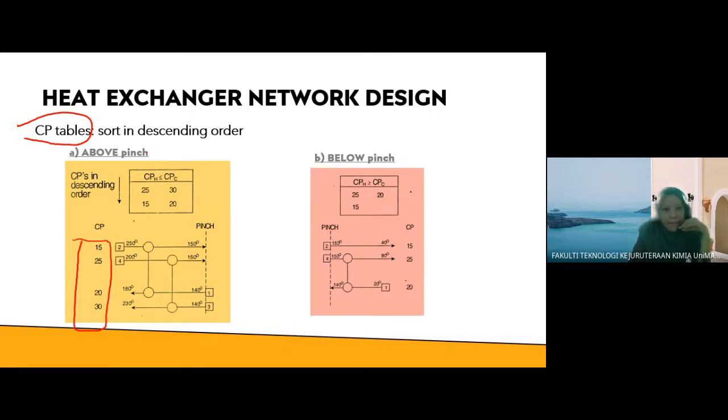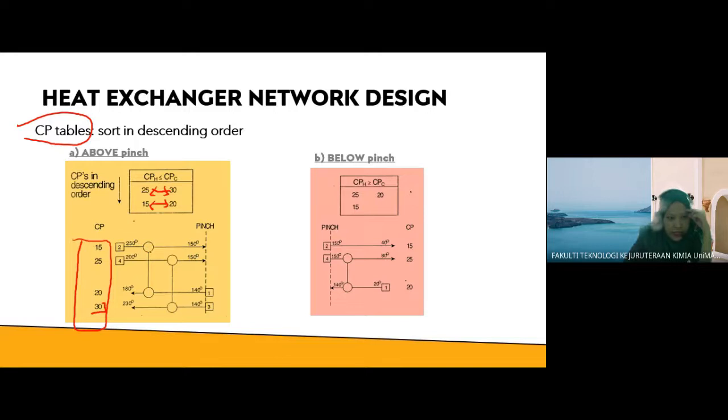So you know that for the area above the pinch, you can mesh these two streams to design a heat exchanger, meaning that the heat exchanger is placed at this stream with CP 25, which is stream 4, and then transfers heat to stream 3 with CP of 30.